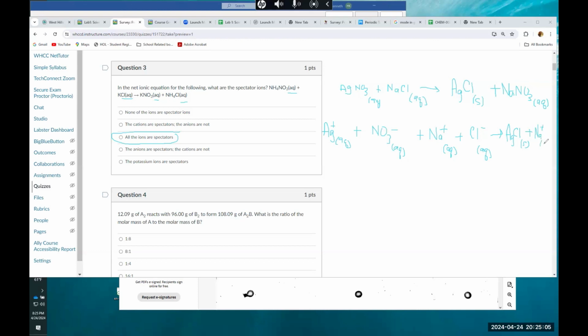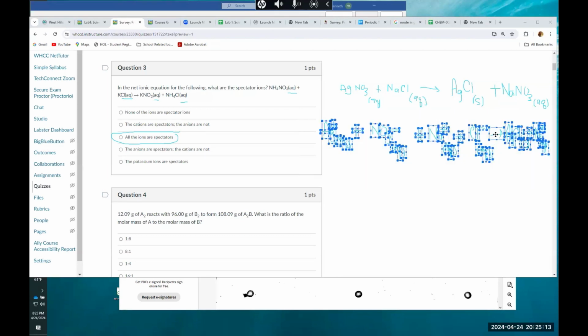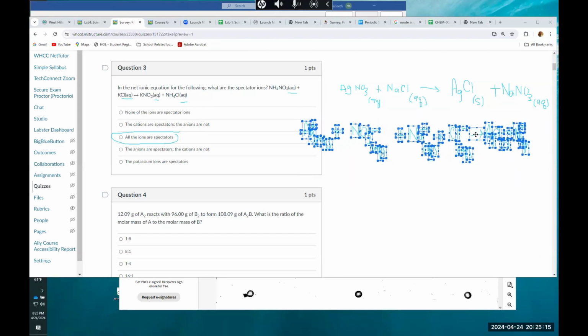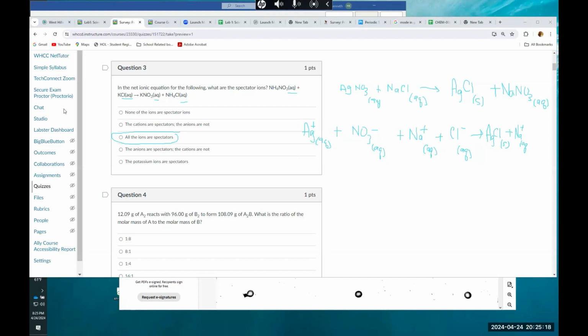Plus aqueous. And I'm going to slide this over so that we can read everything. So you said when they're all aqueous, that means they're all spectators. But what if it's all solid, all liquid?